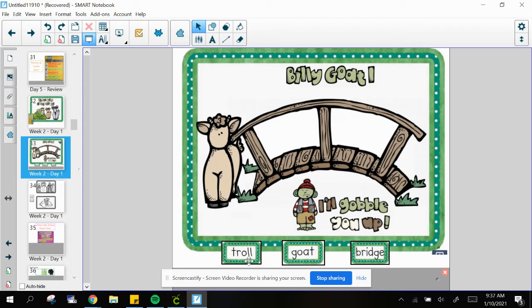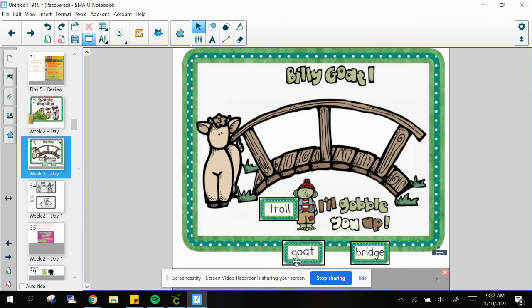This one starts with the letter T. And what sound does T make? T, t, t. Good job. Do you see anything in our picture that makes a t, t sound? Troll, right? Troll starts with a T. So we can move the word troll next to the picture of our troll.